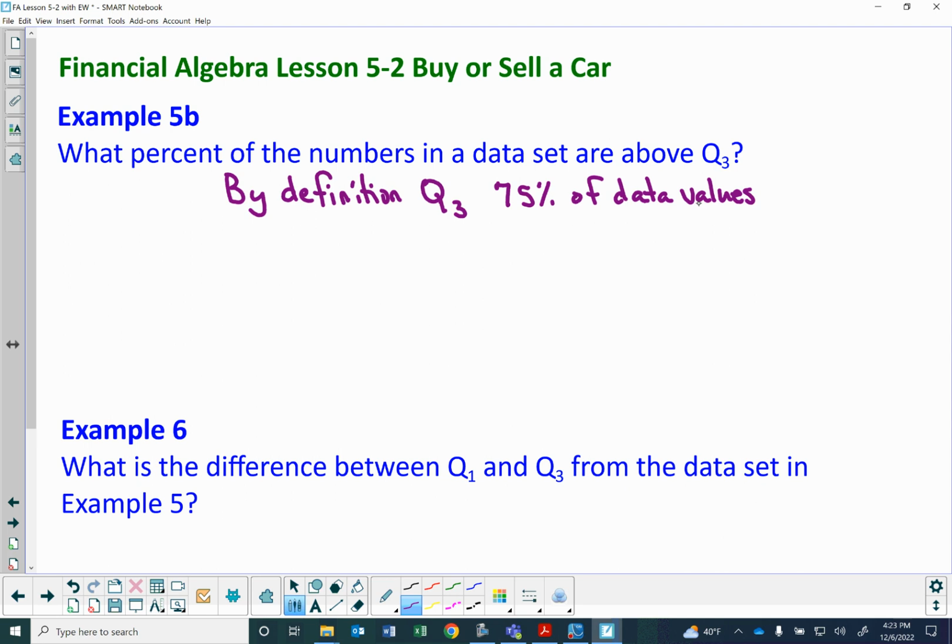So what is above Q3? Well, if 75% of the data values fall at or below Q3, that means 25% of the data values have to be above Q3.